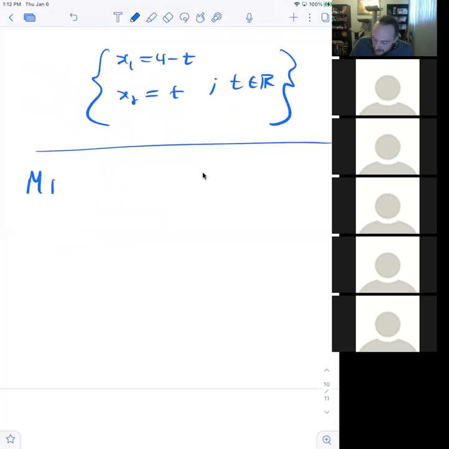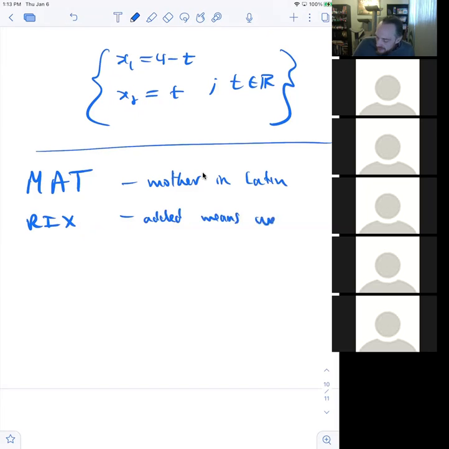Maternal. Mat means mother in Latin. Rix is womb, essentially. Womb of the mother.